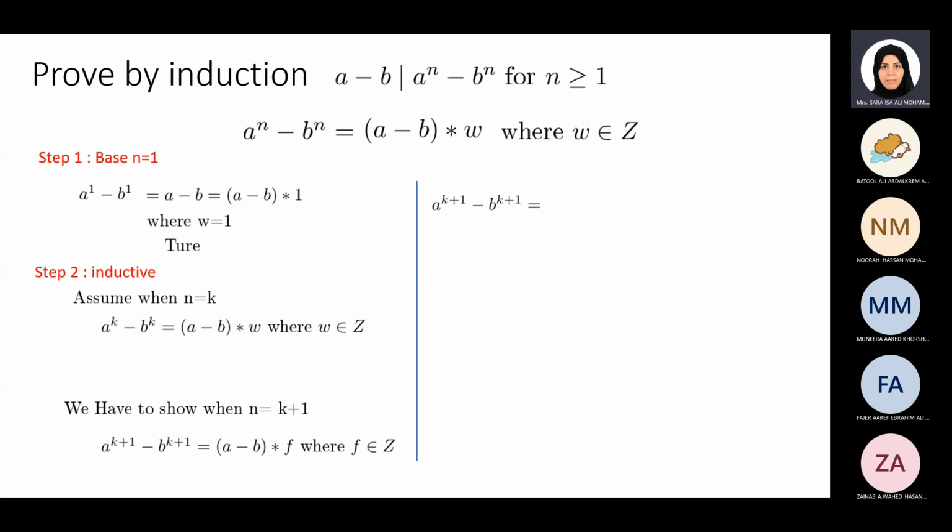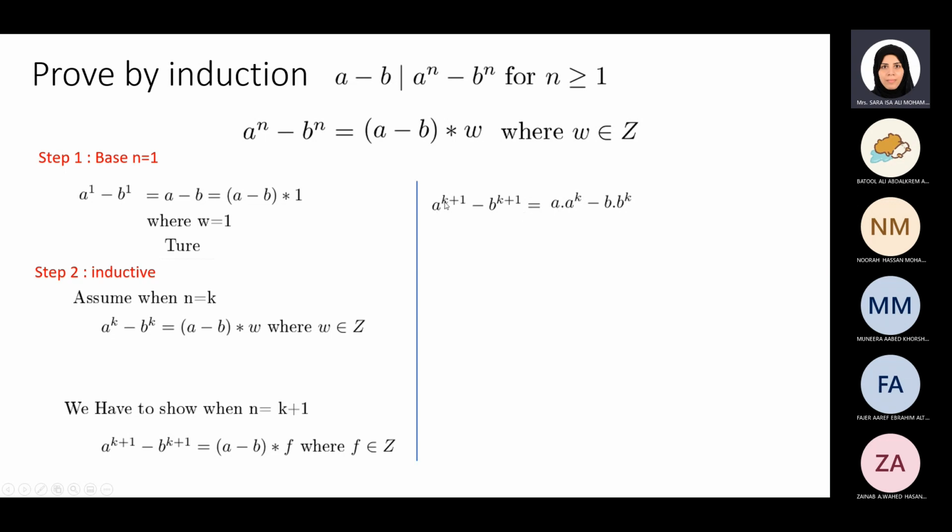Remember, you should always use your assumption. Mathematically, when I have a plus in the power, this can be written in the form of a times a to the power k. That means this plus is the same base with multiplication between them. This is not a dot, this is multiply. Okay?